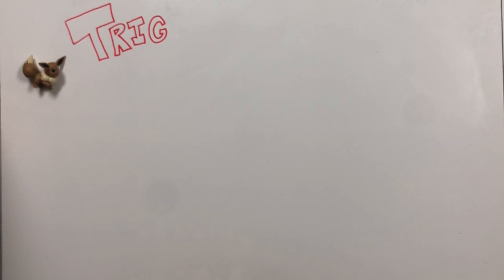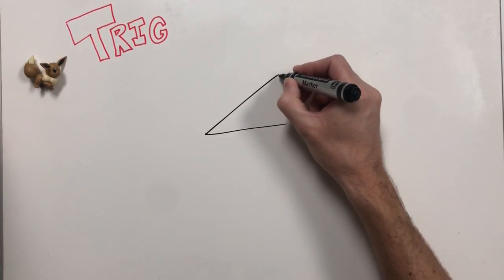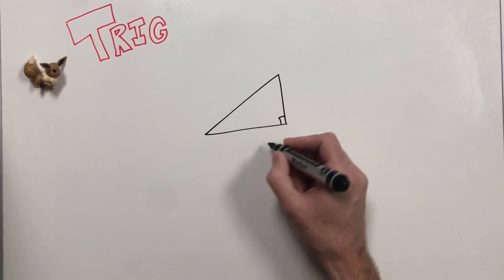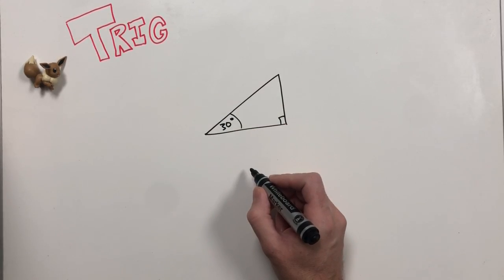So the thing trigonometry is all about, obviously if you don't know this yet, it's all about triangles, people usually say, but it's not really about triangles. It's more about angles. And the reason I say that is when we draw a normal triangle like this, let's say a 90-degree angle, then let's say we have a 30-degree angle.